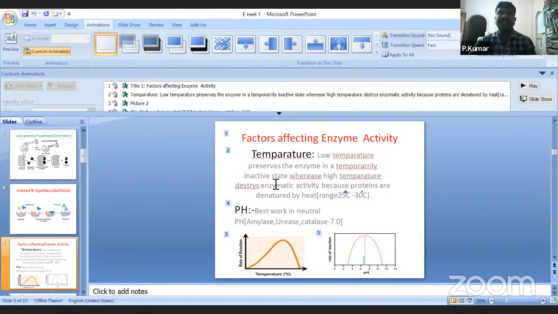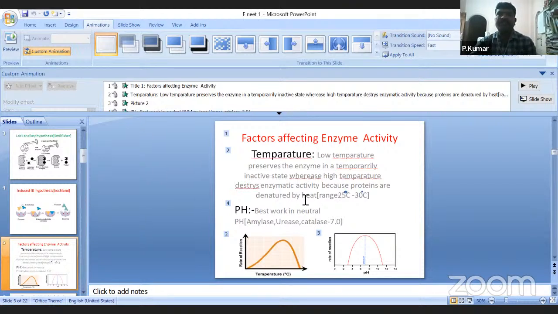Next, factors affecting enzyme activity. A number of factors affect enzyme activity. Number one is temperature. Low temperature preserves the enzyme in a temporarily inactive state, whereas high temperature destroys the enzymatic activity.